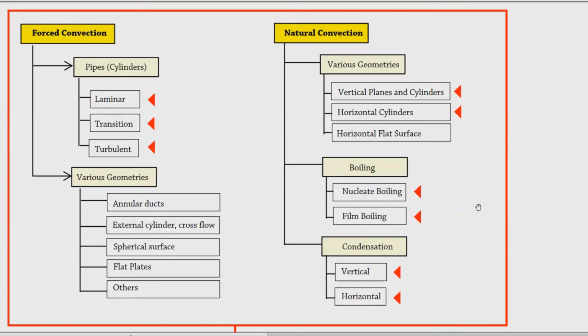So for vertical planes and cylinders and horizontal cylinders, we're considering those fluids that are stored in a storage tank. Even though they are cylinders, they must still be having this convection, because even though they are not moving, it doesn't mean that they're not actually transporting these bulk elements.